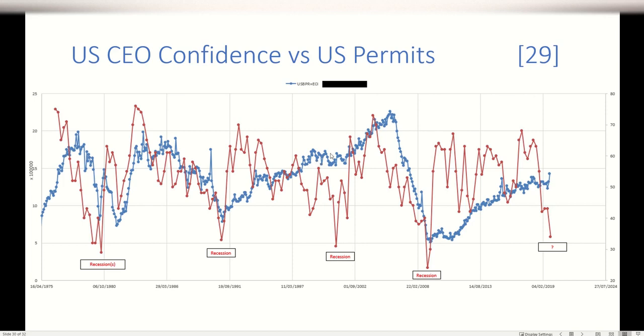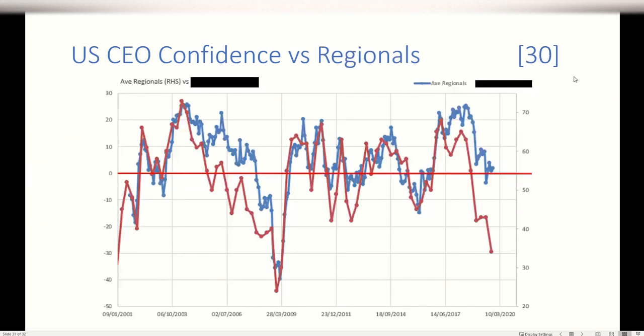Building permits went sideways, but the US CEOs were well up on it, and they trended earlier than all other short-term leading indicators. And even when I compare to the regionals, when I've averaged out the regionals, the blue line here still leads the regionals. So it's showing that we've got some way to go still at the time of recording this.